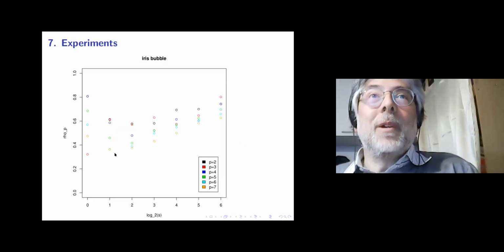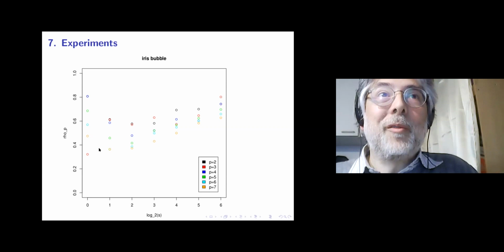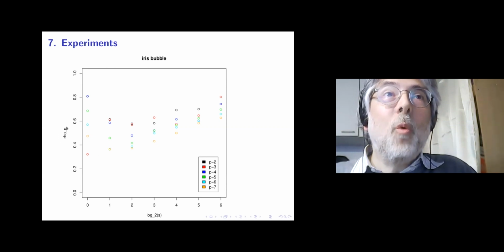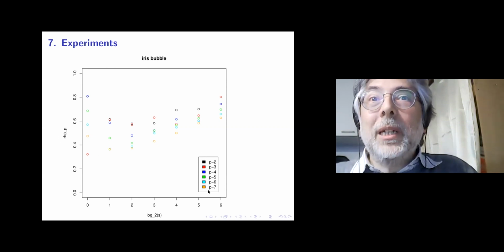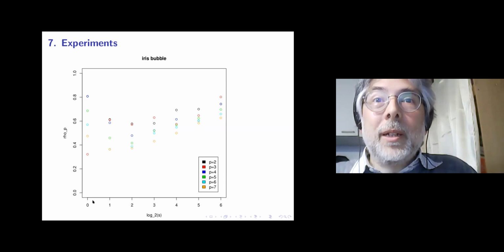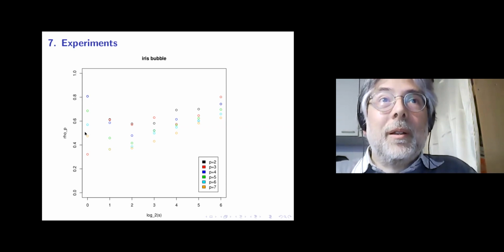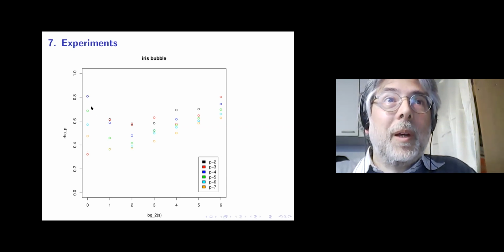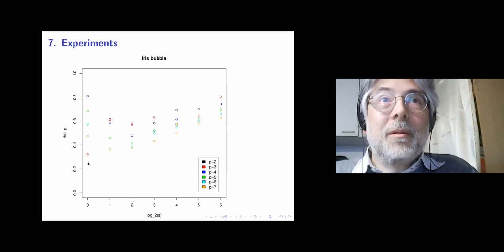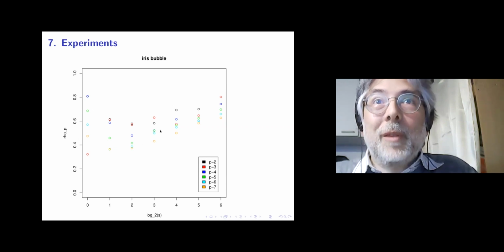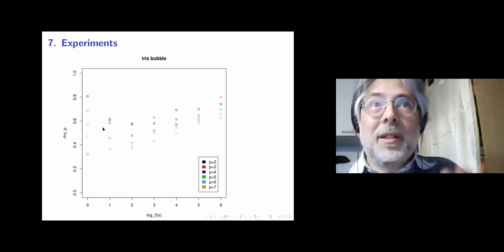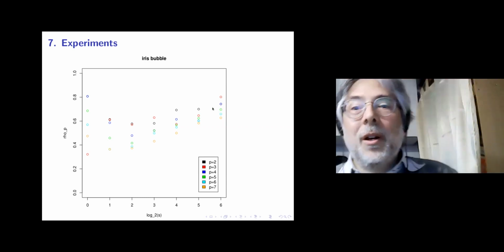And here's a result for this measure rho p, depending on p and the bucket capacity, on a logarithmic scale of powers of 2. You see the different measures vary with the bucket capacity, but they somehow get closer to each other.